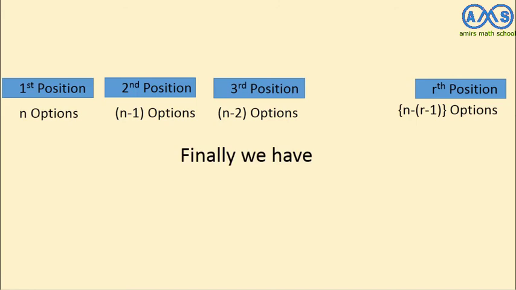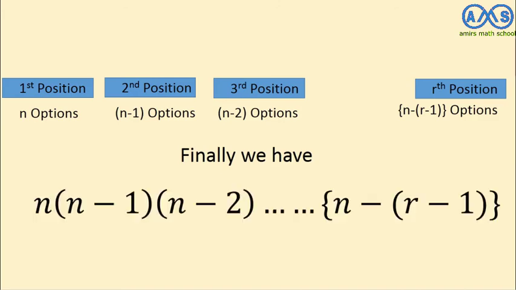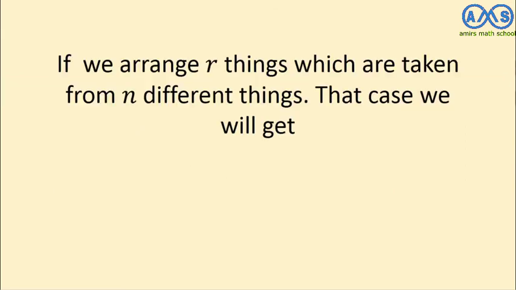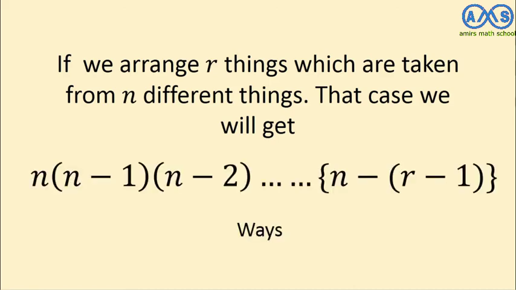Finally, we get the result when we multiply all these options: n into n minus 1 into n minus 2 and so on up to n minus r plus 1. This gives the number of arrangements of r things taken from n different things.